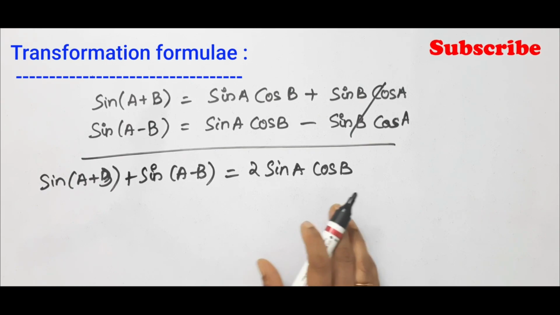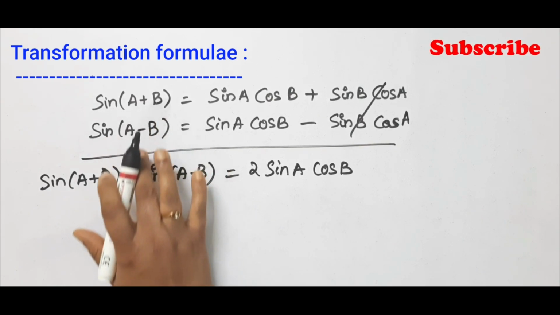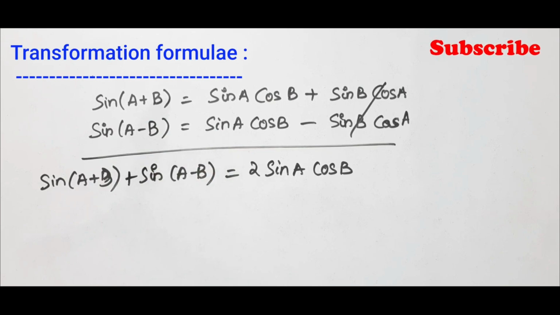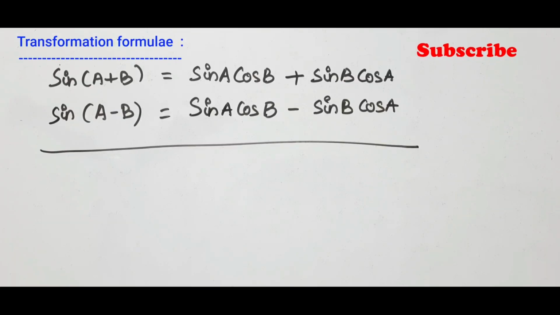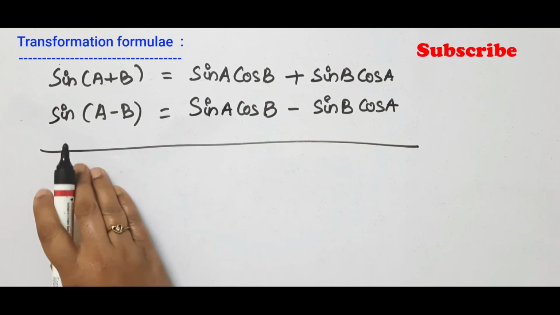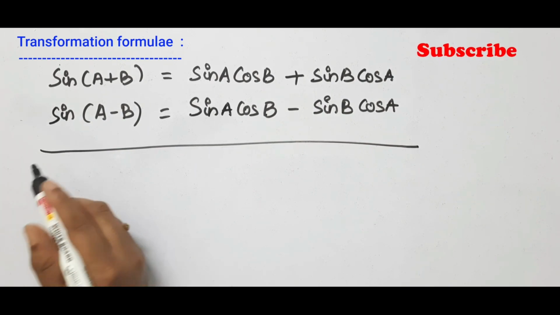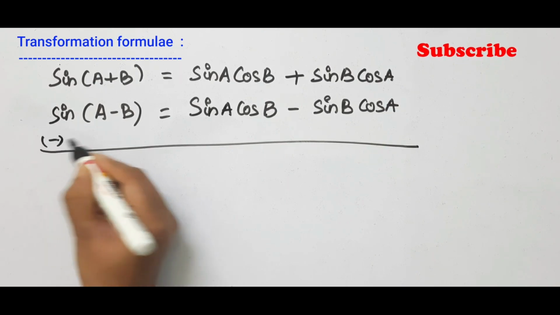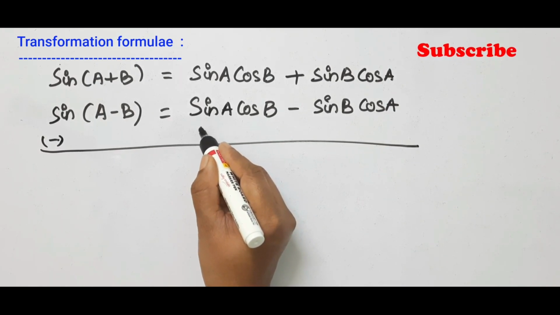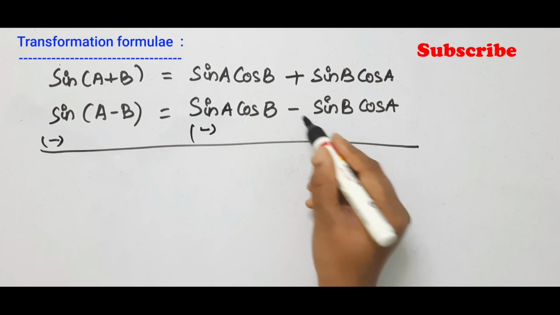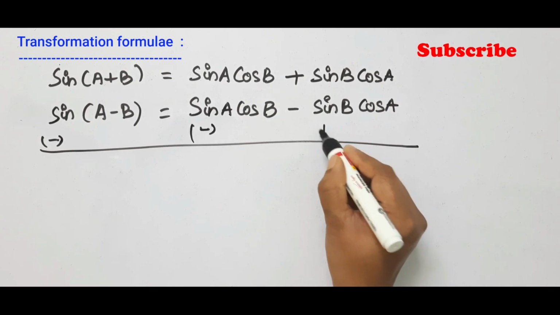Okay. Now let us see by subtracting these two what result we will get. Now if you subtract sin(a + b) and sin(a - b), when you subtract we have to change the sign first. This becomes minus and this becomes minus, and here it is minus, here it is minus, so it becomes plus.